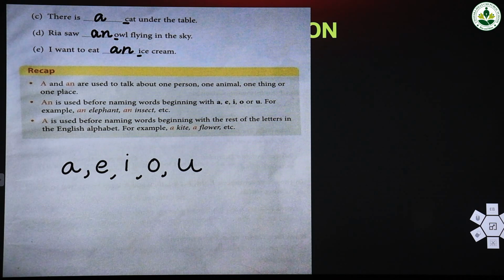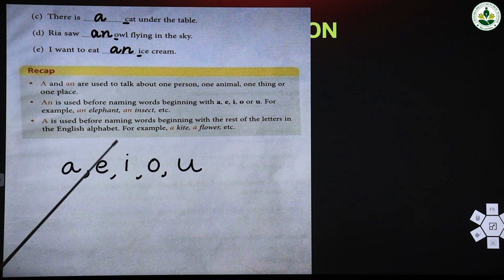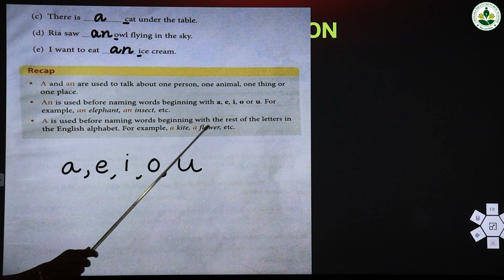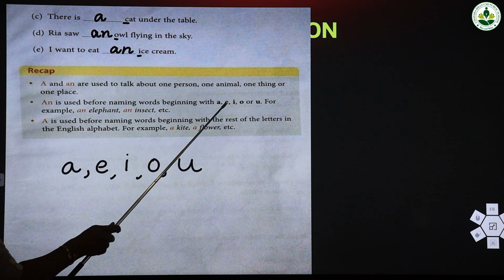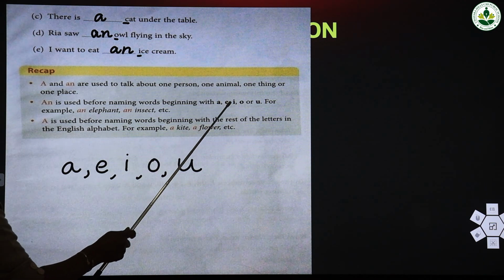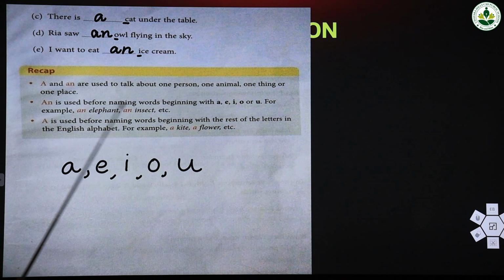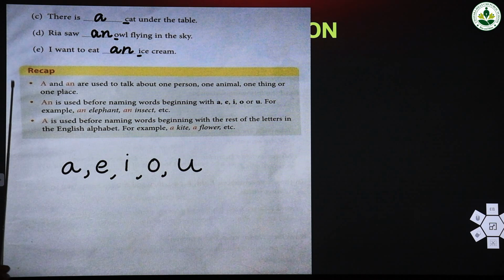A is used before naming words beginning with the rest of the letters in the English alphabet. For example, a kite, a flower. So, an is used before a vowel sound. All other words starting with the other letters, we have to use A.